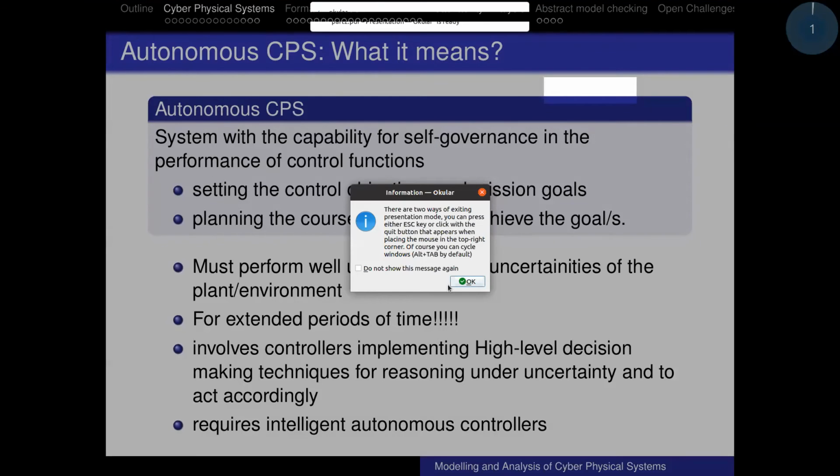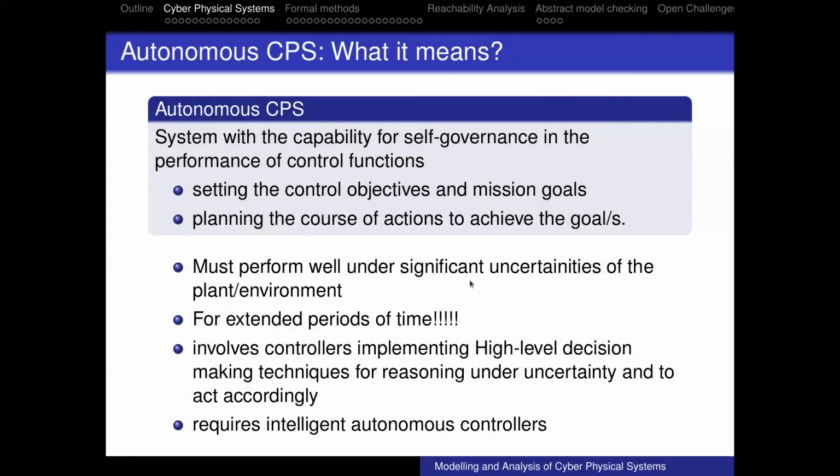Right. So on the other end of the spectrum are these concepts of autonomous IoT systems or cyber physical systems. What they mean is these are systems with the capability of self-governance. For instance, a self-driving car. Rolls-Royce, Benz or Google are trying to develop a car that can drive on its own without the need of a manual driver.